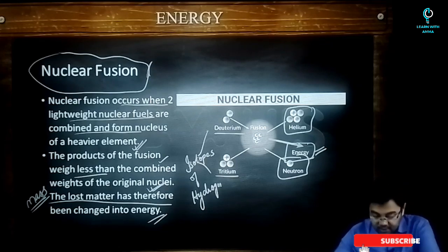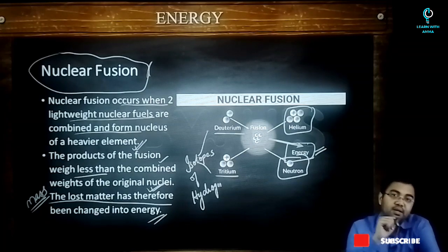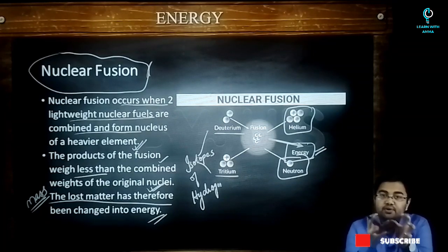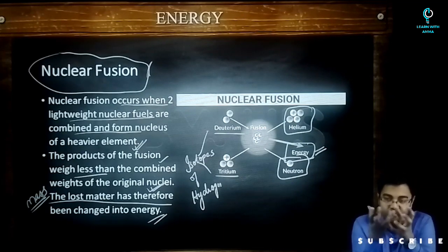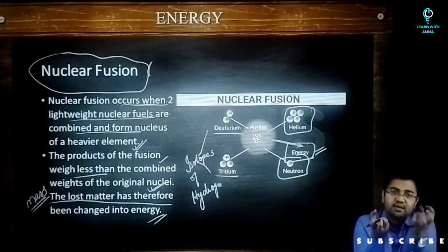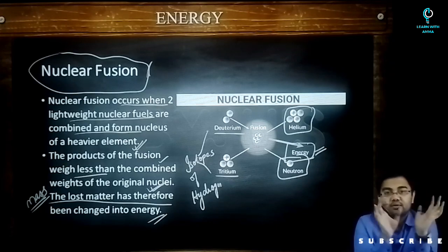Let's go back to the discussion we did on mass defect and binding energy: when you look at a given nucleus, the mass of the entire nucleus is less than the constituent masses of its neutrons and protons.